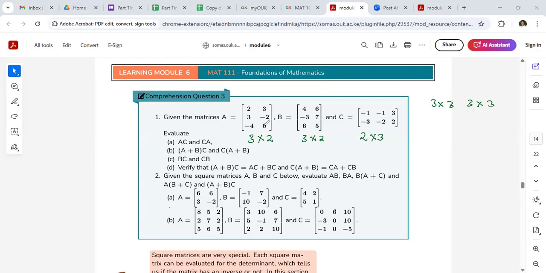Now, let's look at these matrices. Can we multiply A by B? Are they conformable for multiplication? No. We cannot multiply A by B. What's the reason why?